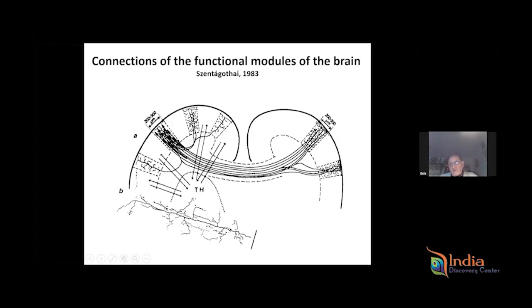So it is as connected as the so-called mirror modules in the brain. It can be seen that there are intercortical, gyral connections with the functional module.